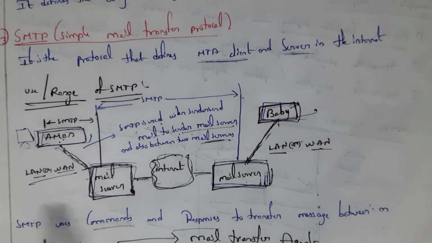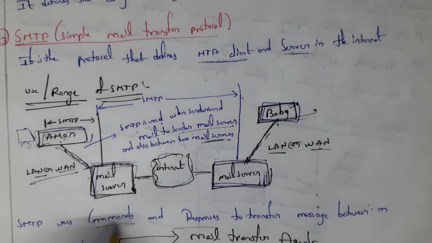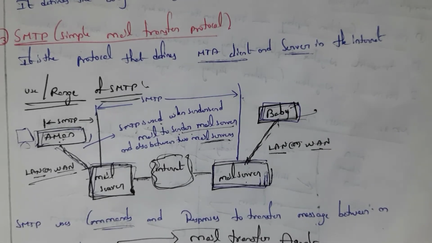SMTP uses commands and responses to transfer messages between the MTA client and the MTA server. That means in order to transfer messages in SMTP, we need to use commands.